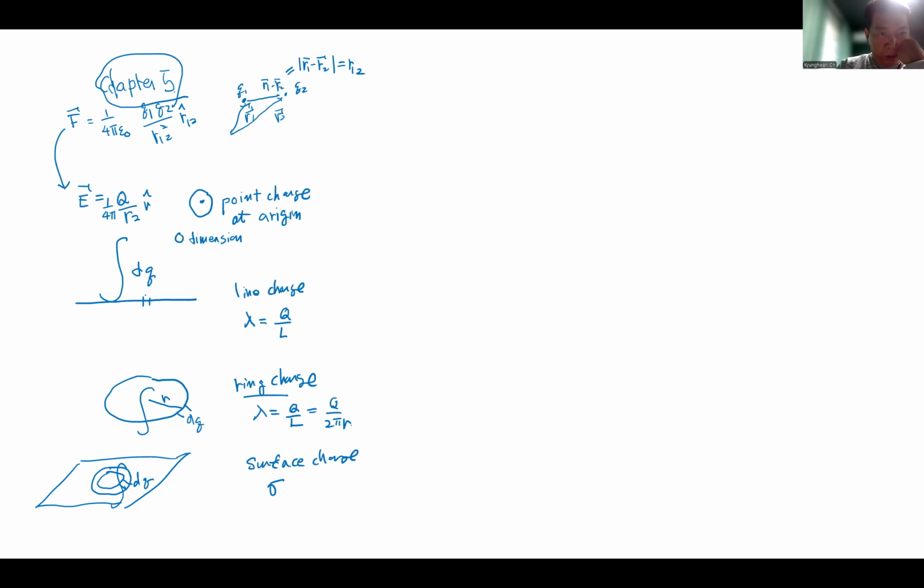But the problem here is that the distance between the dq and our observation point P is varying, so we have to integrate all of the things. It may be complicated, and sometimes it may not be integrable.